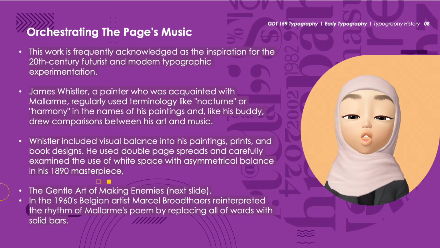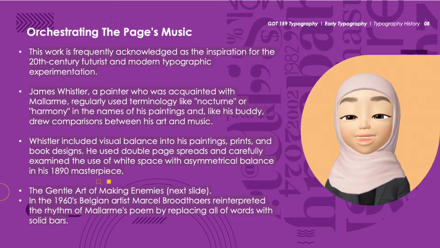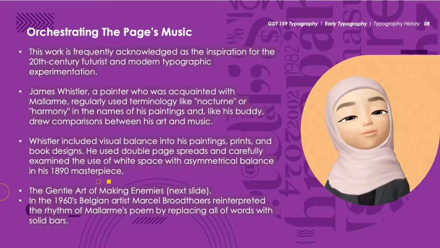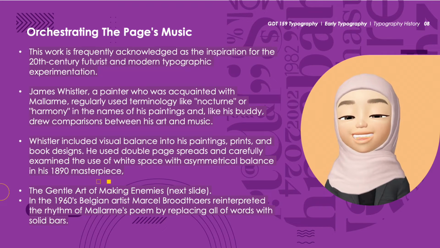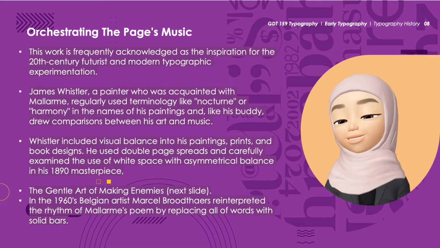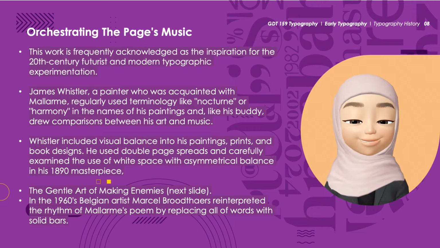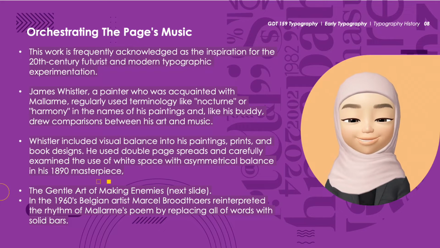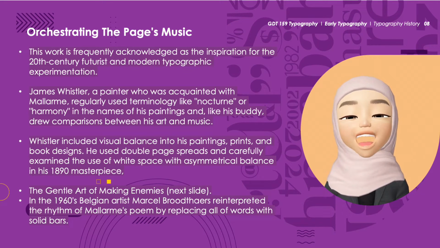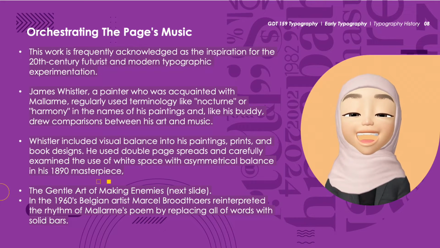Whistler included visual balance in his painting, print, and book design. He used double-page spreads and carefully examined the use of white space with asymmetrical balance in his 1890 masterpiece, The Gentle Art of Making Enemies.